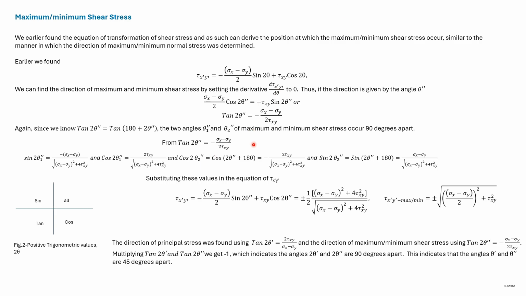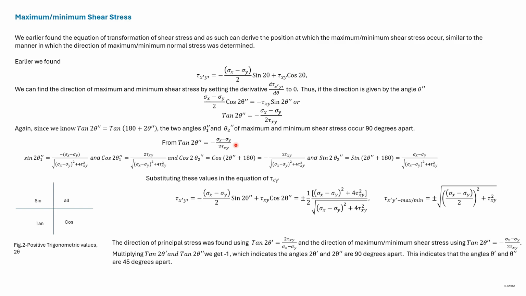Consider now rotation in the anti-clockwise direction. If we keep on rotating, then depending upon the magnitude of the stresses here, we'll come across the maximum shear stress plane first or the minimum shear stress plane first.